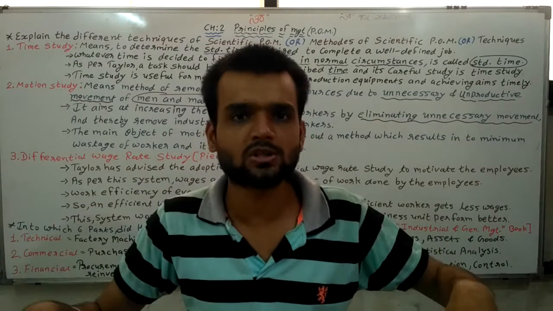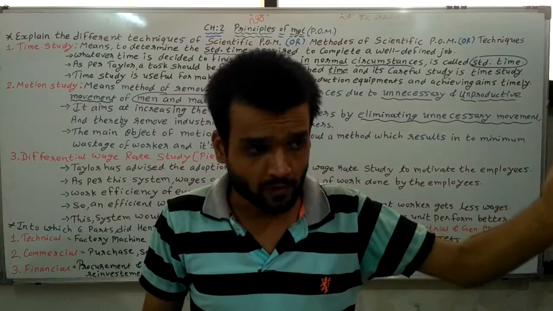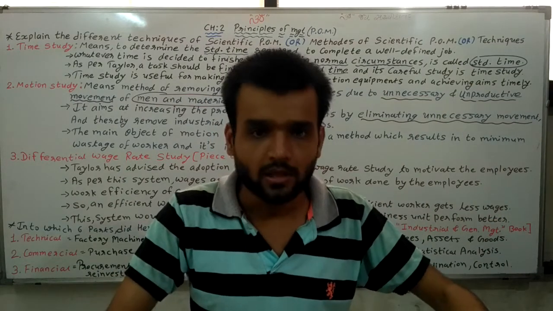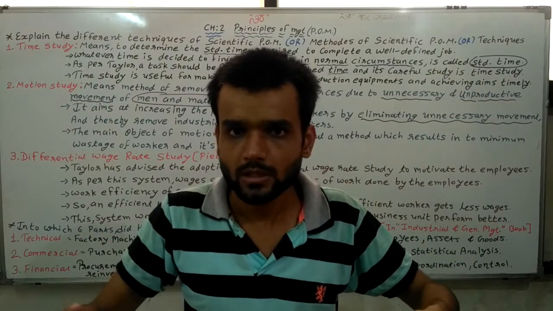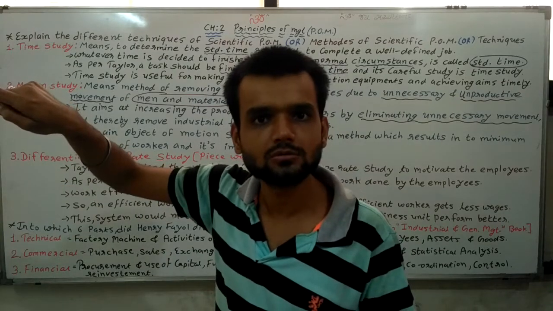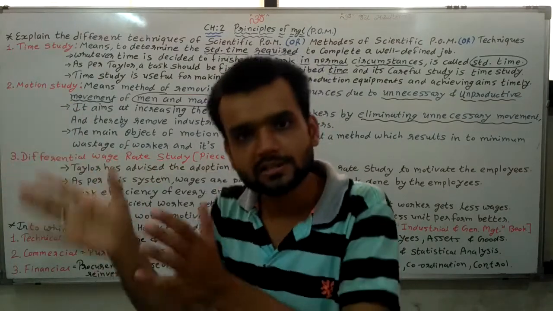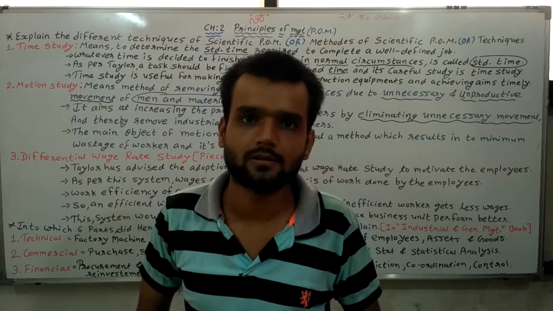But suppose these 2 machines are at different places, then what happens? First process completed. After the first process, goods are taken to another place where the second process is going on.